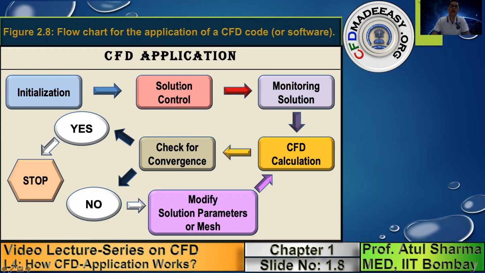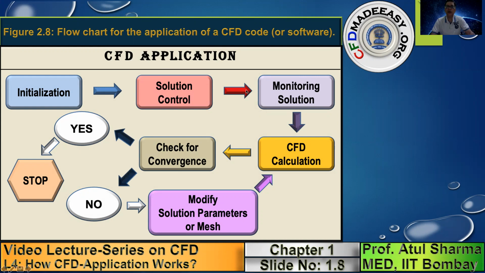Whenever we do simulations in CFD, the simulations involve certain iterations. So we have certain convergence criteria. There are also some parameters like under relaxation factor, which we have to use many a times. So all this comes under the solution control. While the CFD simulation is occurring, you will want to monitor solutions, because, as I mentioned, the solution goes on certain iterations.